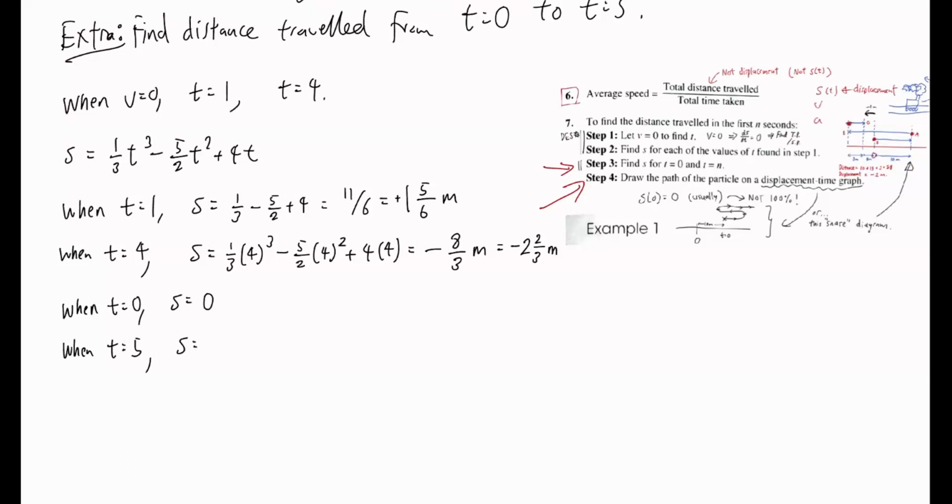So 1/3 times 5 cubed, then minus, plus 4 times 5. So we can calculate that. Everywhere there was a t, you replace with a 5.